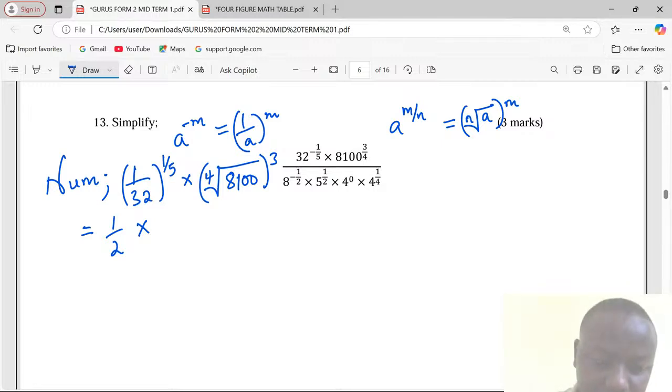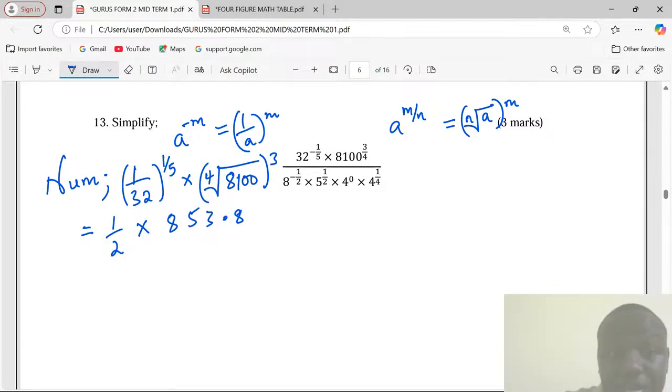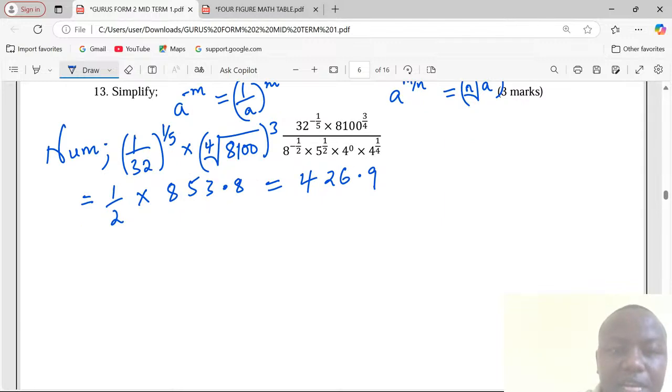I take the fourth root of 8100, then I cube it. I'm going to get 853.8 to 4 significant figures, so when we simplify this, I multiply by half. I'm getting 426.9.